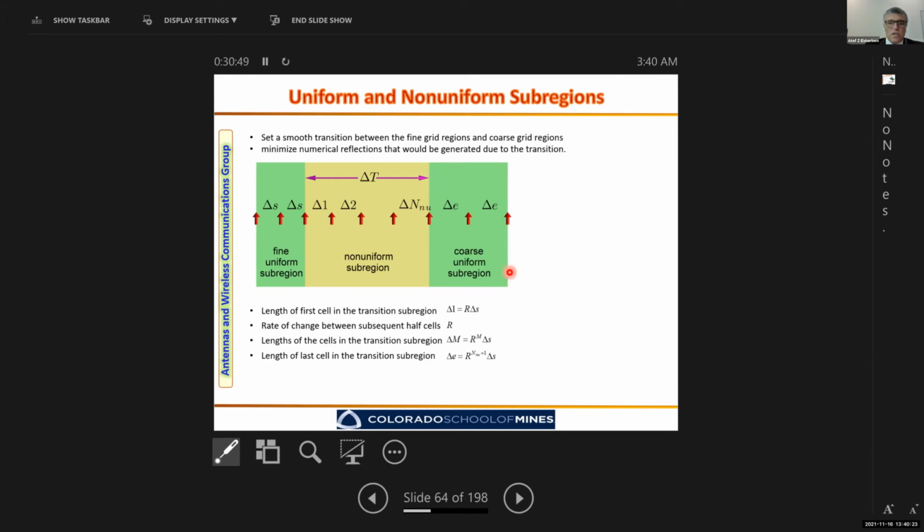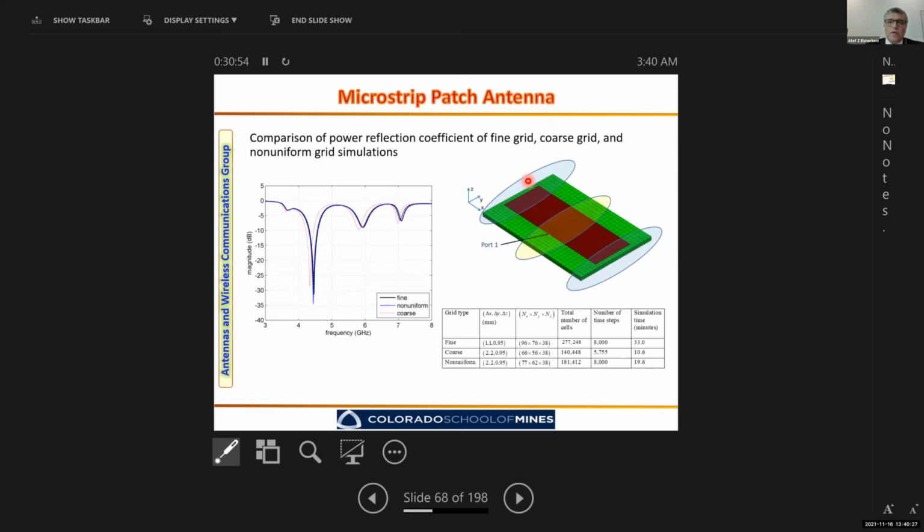And we did this, and we have some examples here for this patch antenna, where you can see around this area here and this area here where we have the probe excitation, and this edge here, we have fine mesh. Other places we have coarse mesh, and you can see that the blue and red curve results are basically on top of each other, coming from a fine and non-uniform discretization.